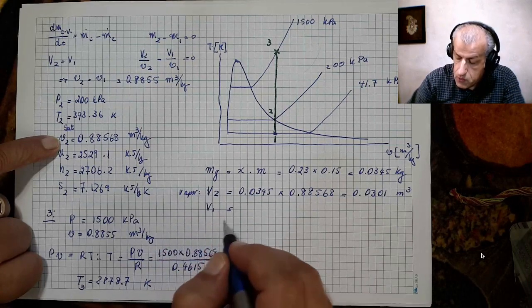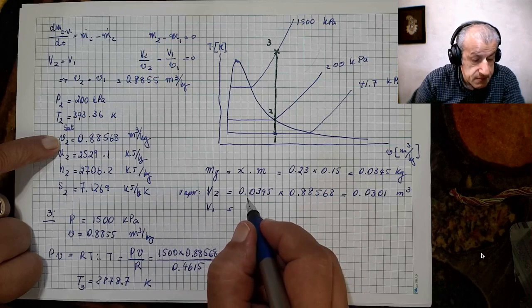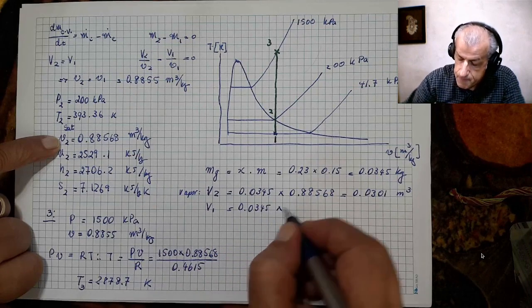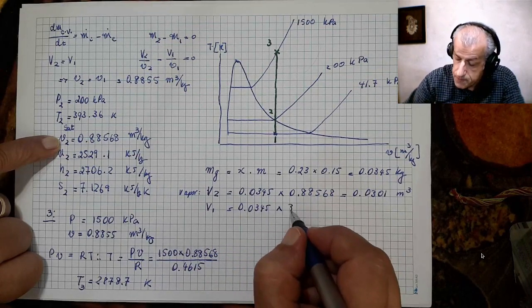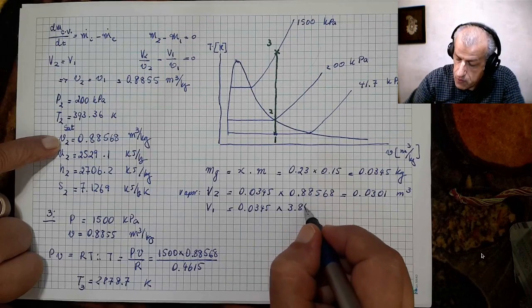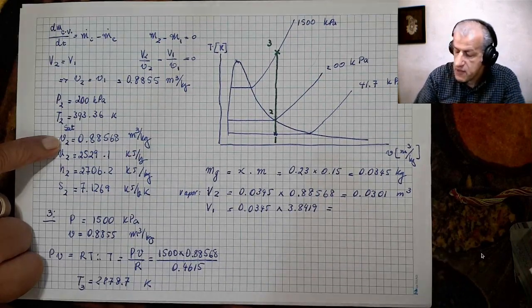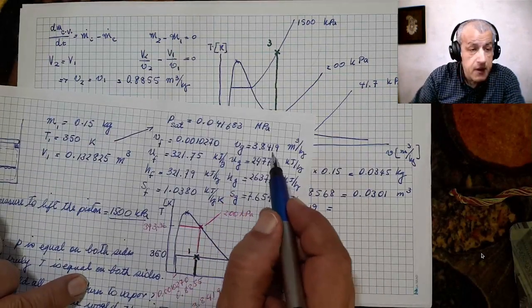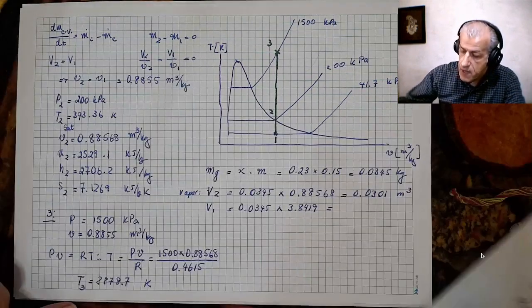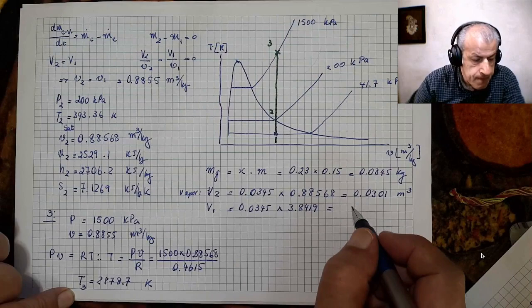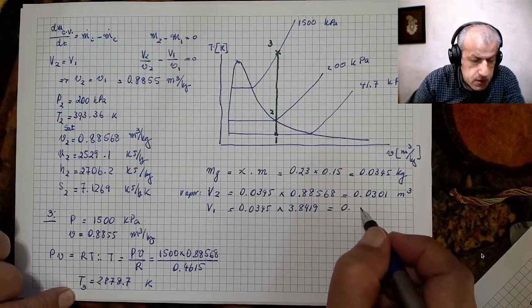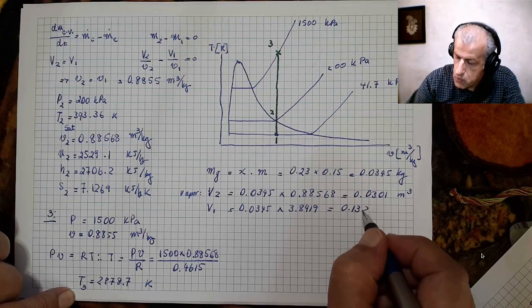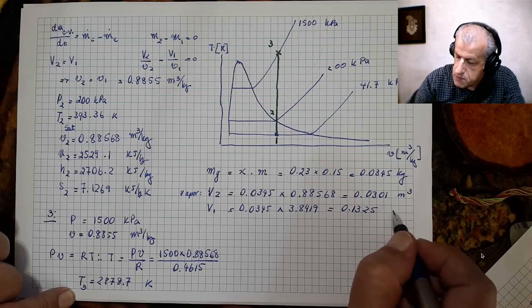V1 would equal, once again, this mass, which is 0.0345 times 3.8419. Where did I get this value from? This is the specific volume for the vapor at its initial condition. And the answer would be 0.132525 cubic meters.